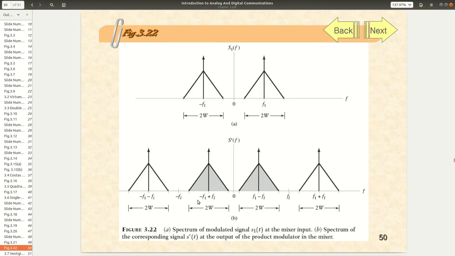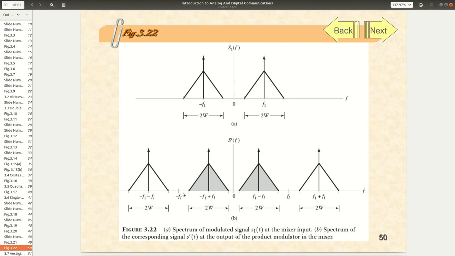If you apply a filter here at this side, you then have the complete signal, the two sidebands of the original modulated signal, because in single sideband you already removed one side, either the upper or the lower.